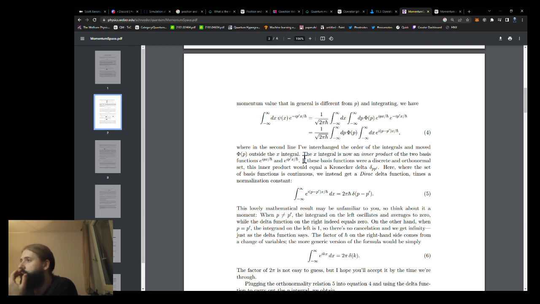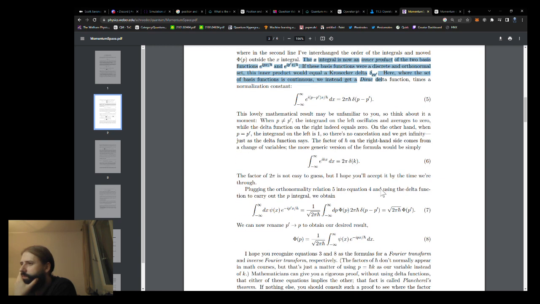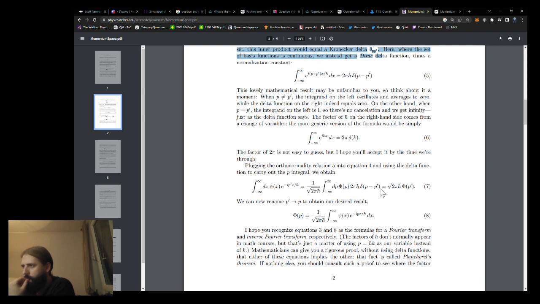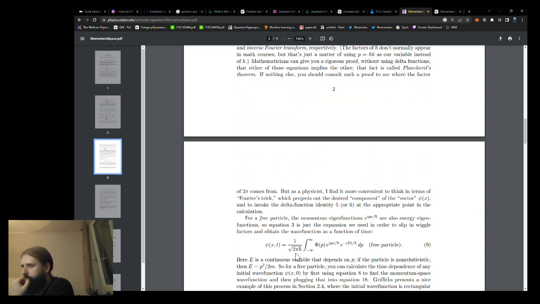Okay, that's for another day, I guess. That's how you reverse that. I know why it's a Fourier transform, because of the frequency proportionality. It's fine.